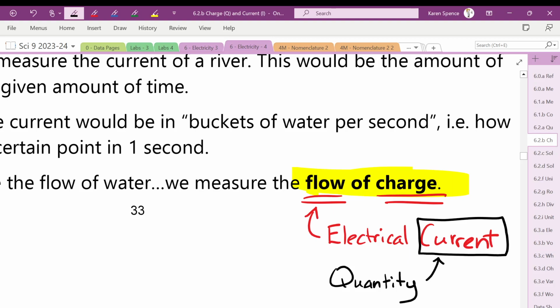And wouldn't it be lovely if it were abbreviated C for current? But it's not. It's abbreviated I. Why I? That's crazier than Q for charge. It actually stands for the intensity of the current. And don't worry, this again is on the next page, so you don't have to write that down right now.